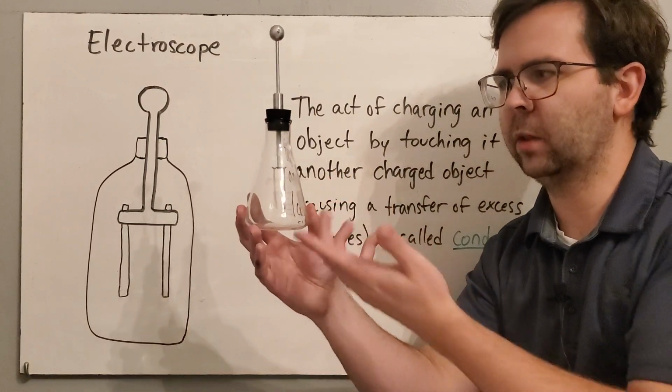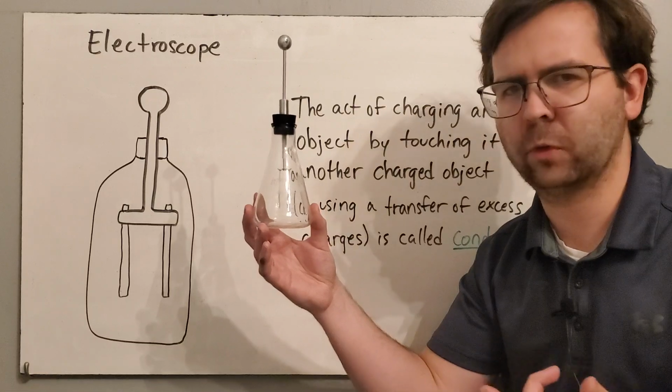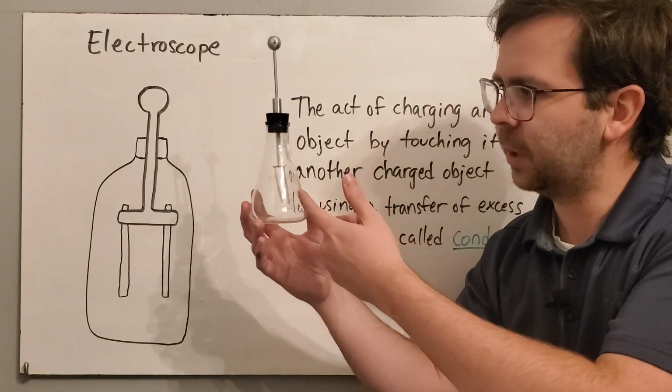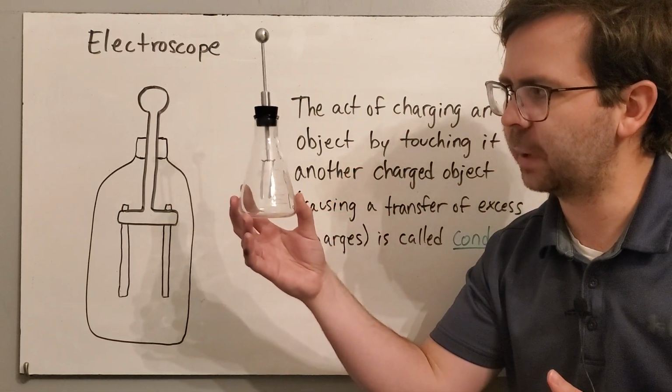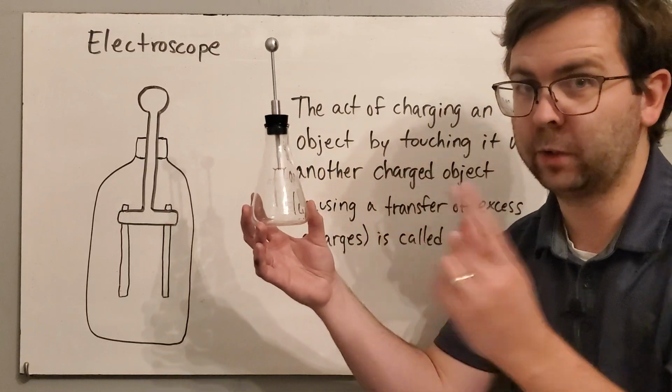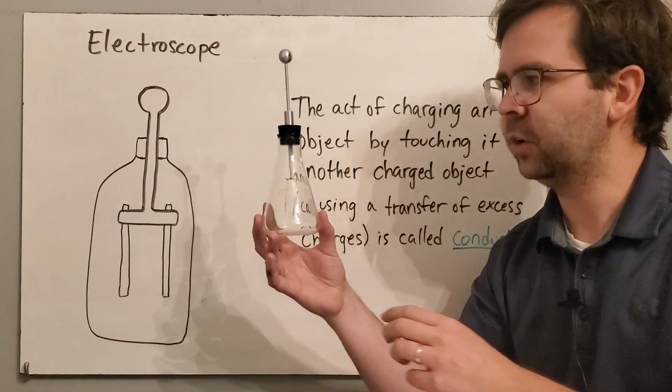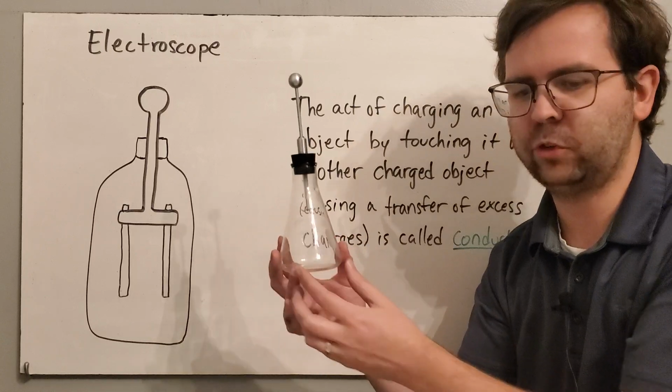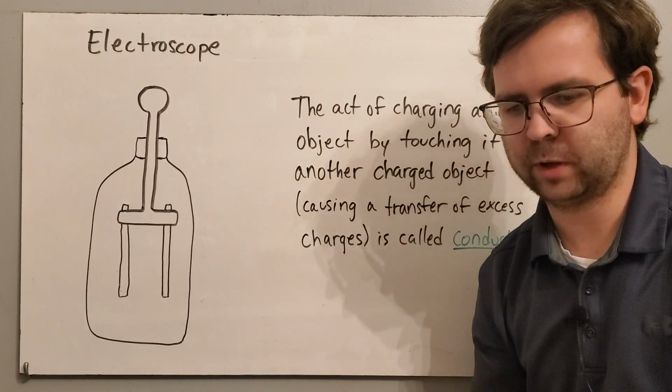And this is just like aluminum foil, for example. I'm not sure if this is aluminum or something else, but it's metal foil, and you can see it just swinging back and forth there, two pieces. And it's two pieces because it shows us what happens when we charge these objects.